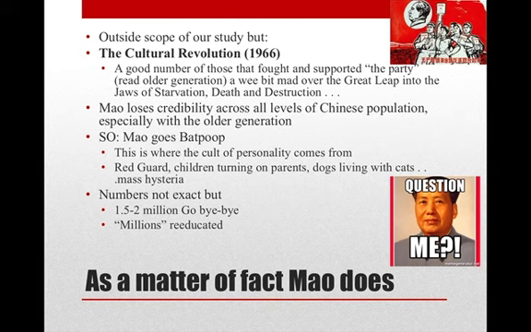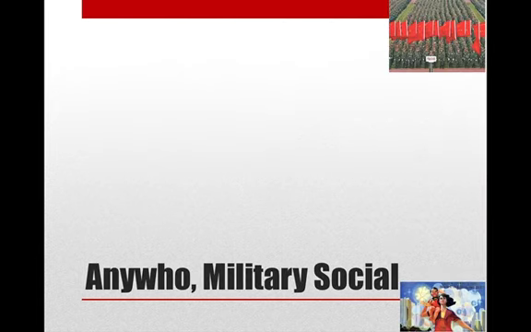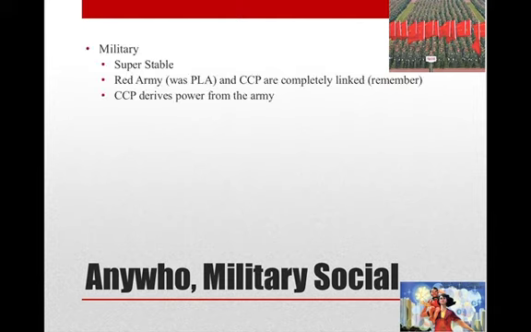So there's more in the first 20 years that are bad. So when you look at it politically and economically, it's kind of a disaster. Is it a disaster politically? Not really, because he consolidates power. Economically, pretty traumatic. Guys, the military is super stable. The Red Army has always been the military arm of the CCP. Remember, they were one, and they were always one.